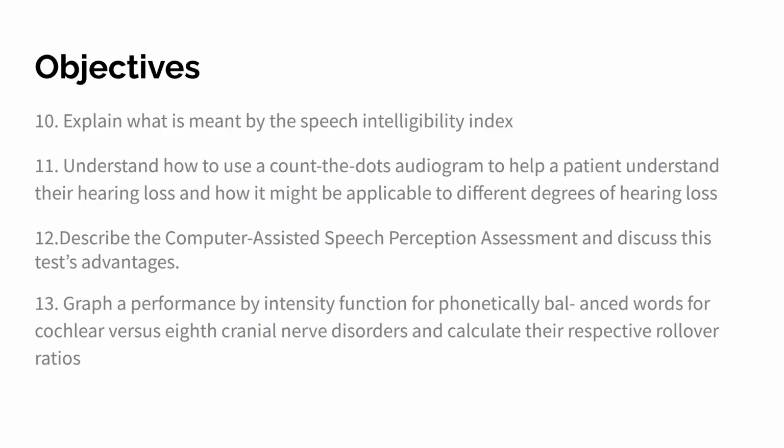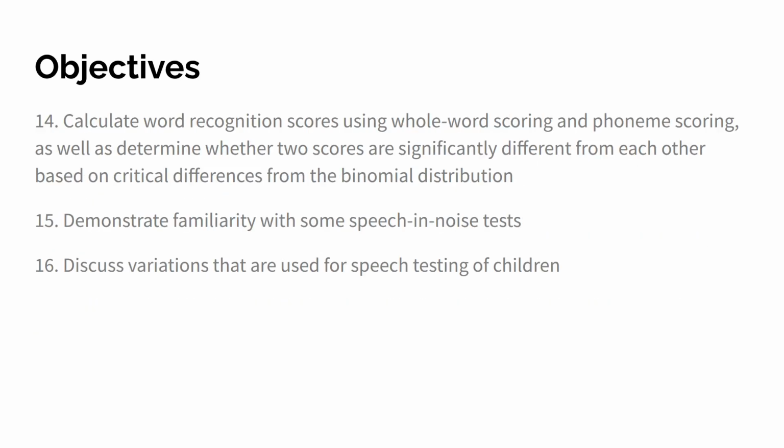Describe the computer-assisted speech perception assessment and discuss this test's advantages. And graph the performance by intensity function for phonetically balanced words for cochlear versus eighth cranial nerve disorders and calculate their respective rollover ratios.